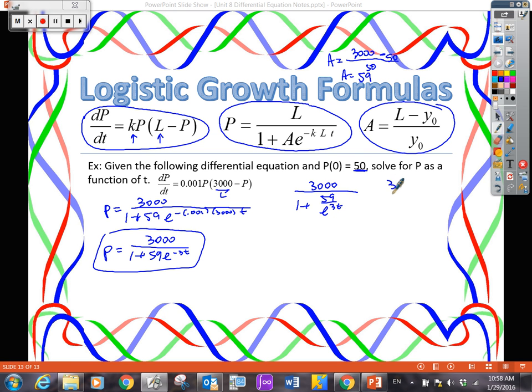I would get 3,000 over e to the 3t plus 59 over e to the 3t. This is the main fraction bar right here. So I fix my complex fraction, and I get 3,000 e to the 3t over e to the 3t plus 59, which is exactly what we got on the previous page.